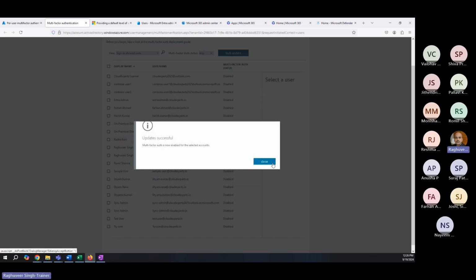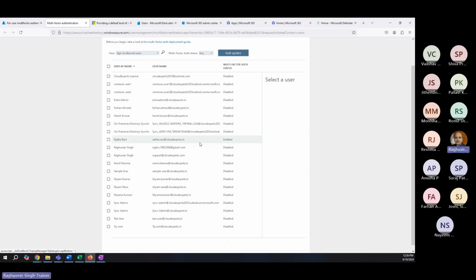Now MFA is enabled for this user. If I go back and select this user, I can see MFA is enabled. Even though MFA is enabled, the user will have an option to skip MFA for another 14 days. The user will get 2 weeks to skip MFA, even though it has been enabled by me as an administrator.